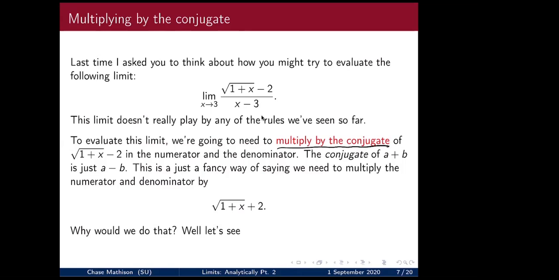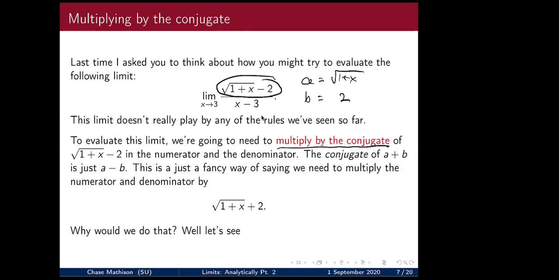So when I say multiply by the conjugate, we're going to multiply by the conjugate of this, okay? And the conjugate, again, of anything that looks like a plus b. So here a is the square root of 1 plus x, b is 2. So we're going to multiply by the conjugate of that, or b could be negative 2 if you want.